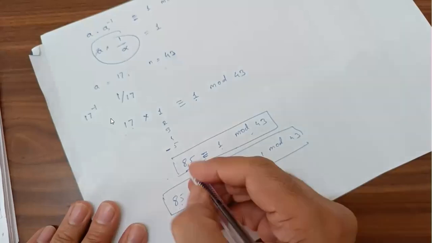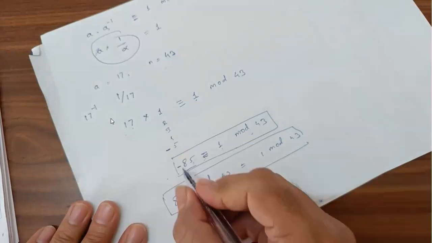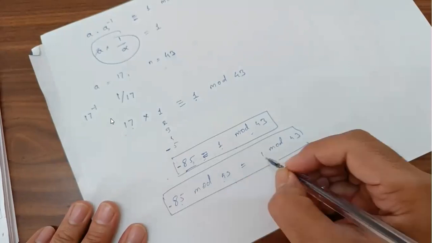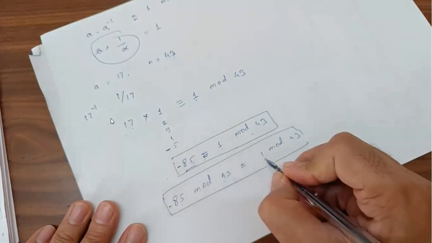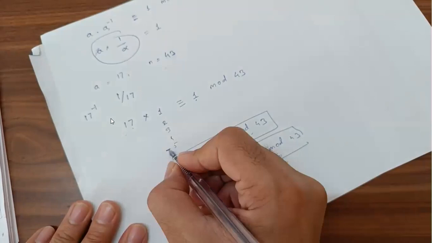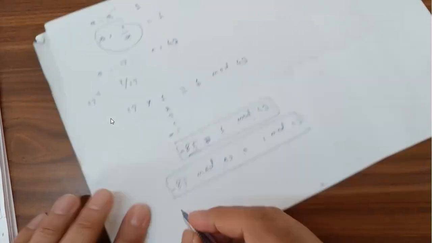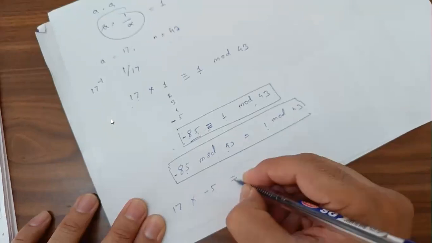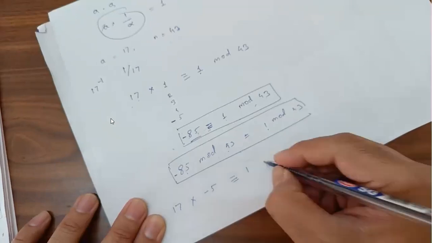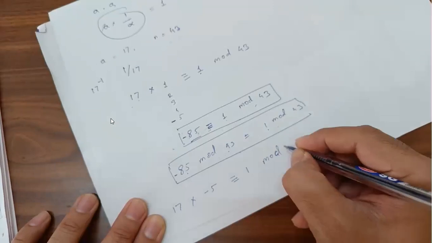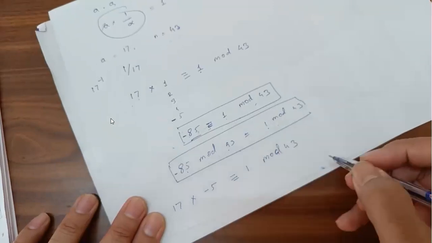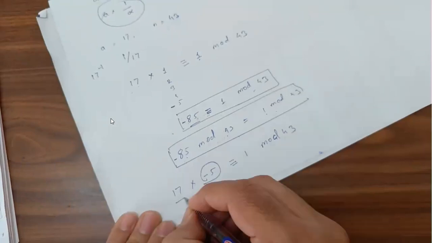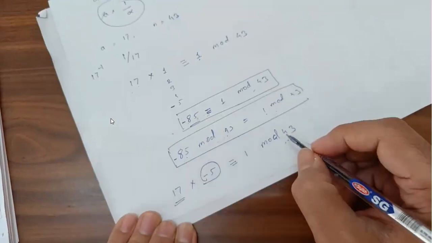Then we can get 1, sir. Yeah, so in that case, this will be -85 mod 43. I'm getting 1. So that means if I multiply 17 into -5, what I'm getting is 1 mod 43. That means this is the inverse of 17 when we consider the mod operation.